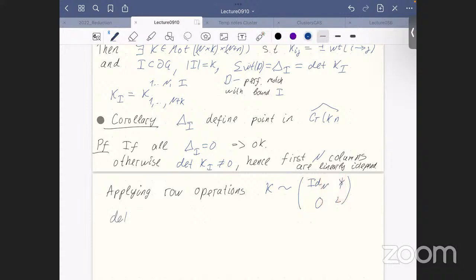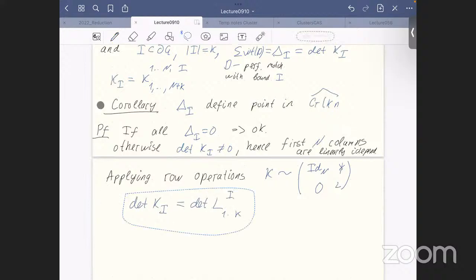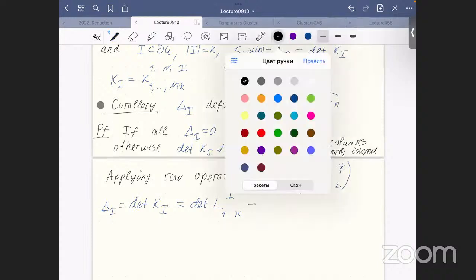So determinant of Ki is a determinant of the L. We can take for L all K rows and I columns, and this is delta I. So we define L, a matrix of the type K times N. So L defines a point in the affine cone of the Grassmannian. So these are Plücker coordinates.